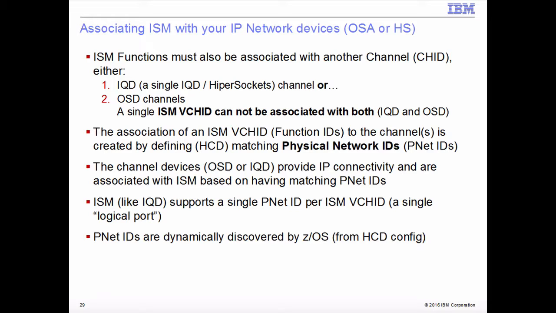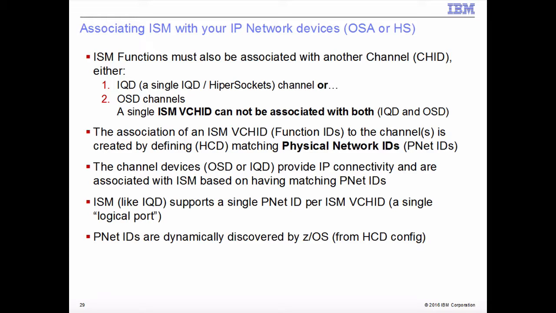But basically, in this case, you can define a CHID for an ISM CHID to be associated with HiperSockets or an ISM CHID to be associated with OSD. But I need everyone to see that on bullet 2 there where it's highlighted, it's very important that if I am going to do both, that requires 2 ISM CHIDs. So they're associated by PNet IDs.